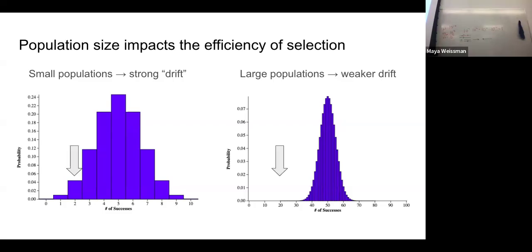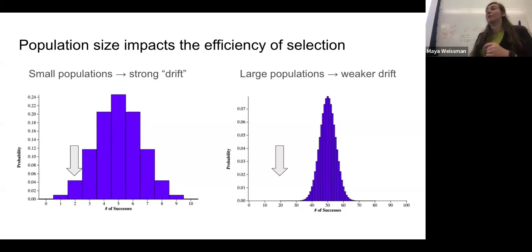If you look at, say, the probability that I get around 20% successes, here it's 0.06, which is actually a really large number. And here it's way less than 0.01. So again, at really small population sizes, the effect of random chance is a lot higher, and that's going to have really important impacts on diversity, as well as the efficiency of selection.